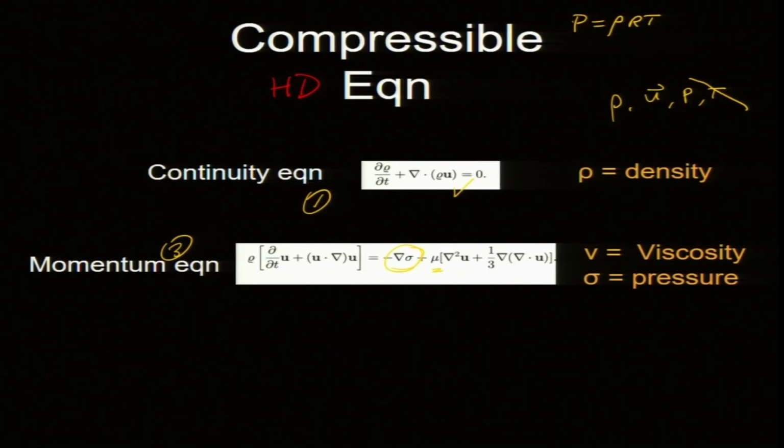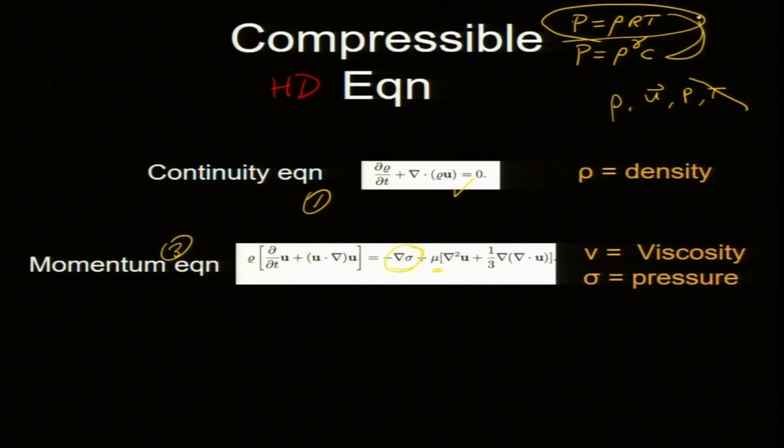You can say temperature is constant, that is the isothermal approximation, or very commonly used, pressure is rho to the power gamma times a constant. This is a polytropic assumption. So, temperature can always be determined once you have these two conditions. Given density I can find pressure, and once I know pressure, I can find temperature.